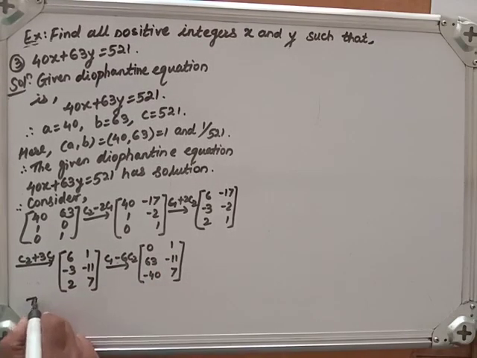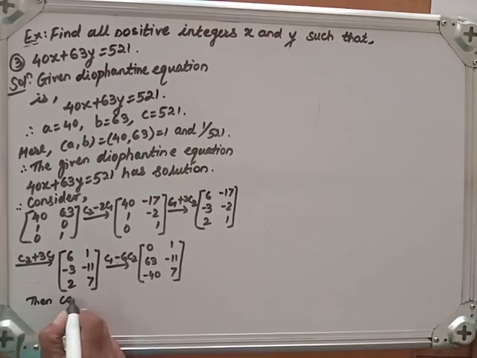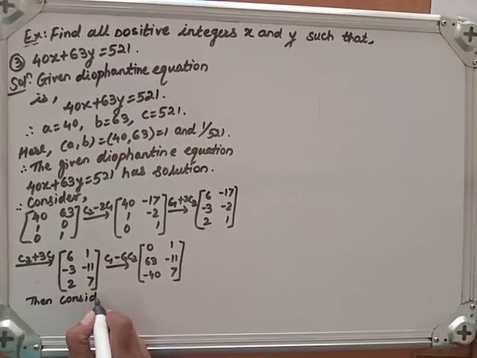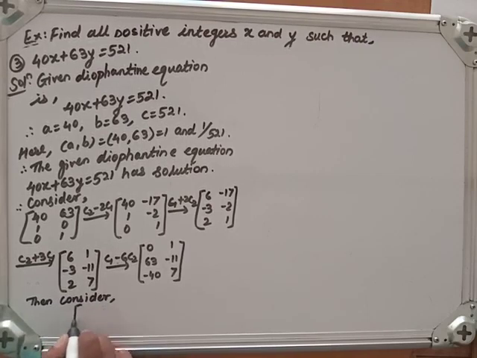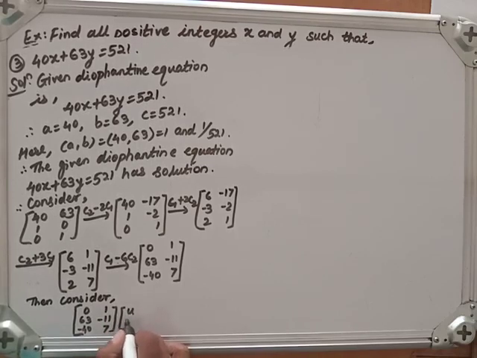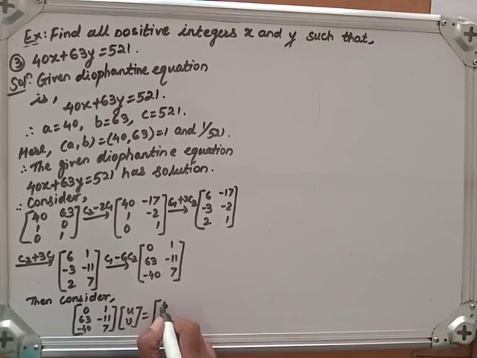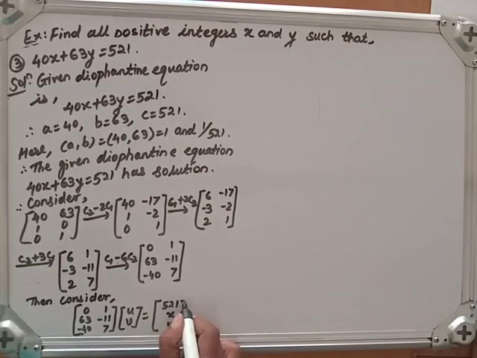Then consider this: 0, 1, 63, minus 11 and minus 40 and 7 into u, v is equal to what? 521, x and y.